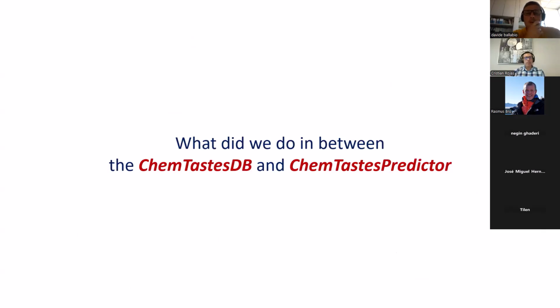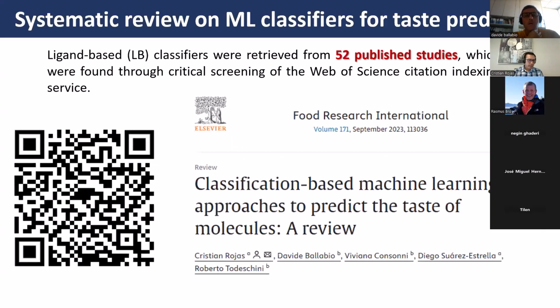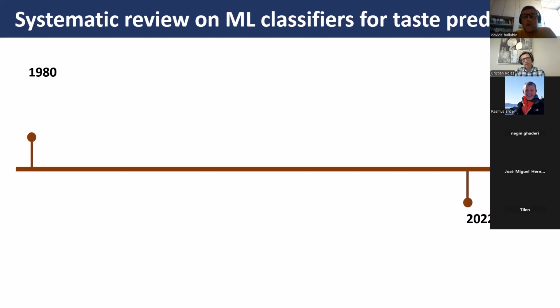Okay, what did we do in between the ChemTastesDB and ChemTastesPredictor? Before creating the QSAR models, the classification models for the taste predictor, we performed a systematic review, in which we were able to identify 52 published studies covering a period starting with the first model in 1980 up to the last works published in 2022.